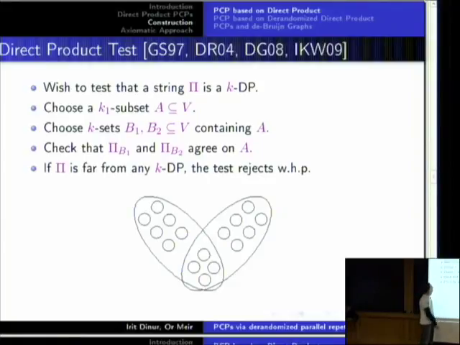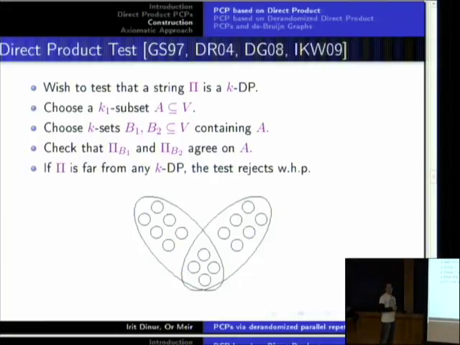And the test chooses two random k sets that have some large intersection, say of size k1, and then it checks that the answers it got agree on the intersection of those two sets.